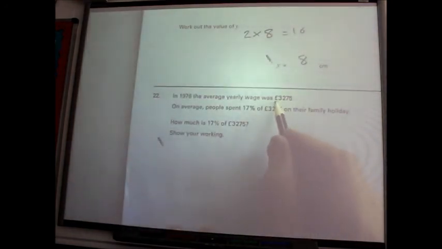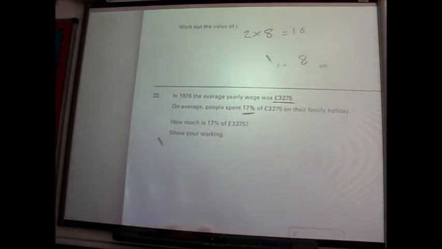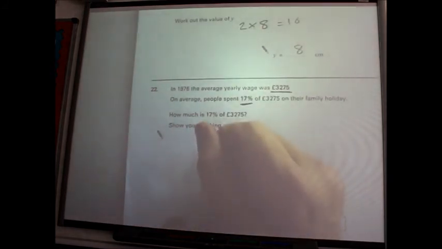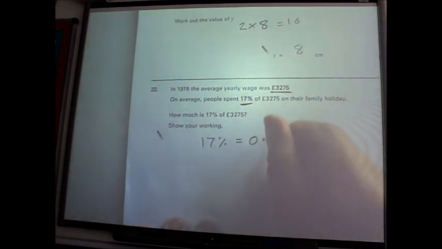In 1976, the average yearly wage was £3,275. On average, people spent 17% on their holiday. Work out 17% of 3,275. The best way to do this is to change 17% into a decimal, because 17% equals 0.17.